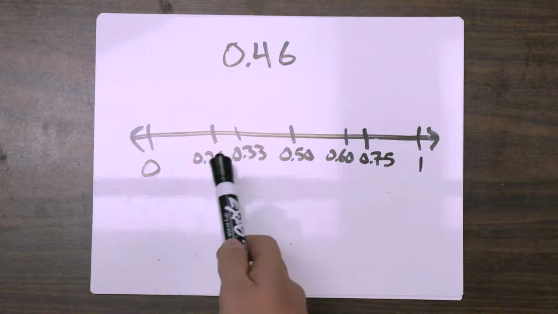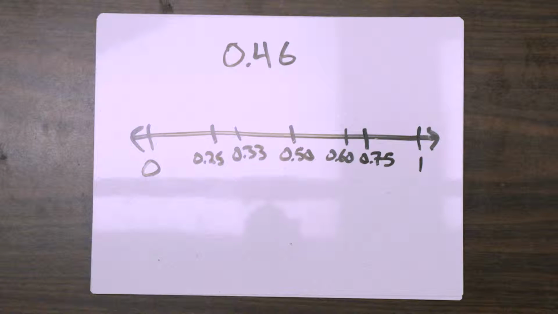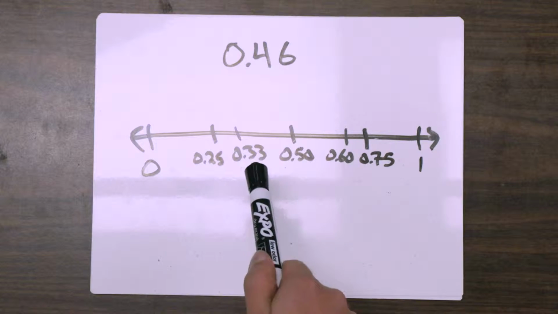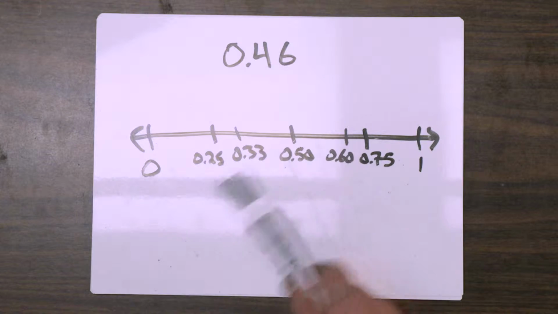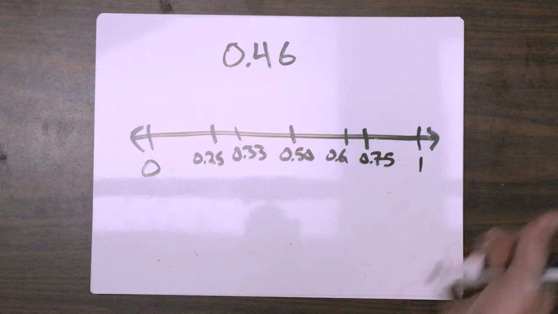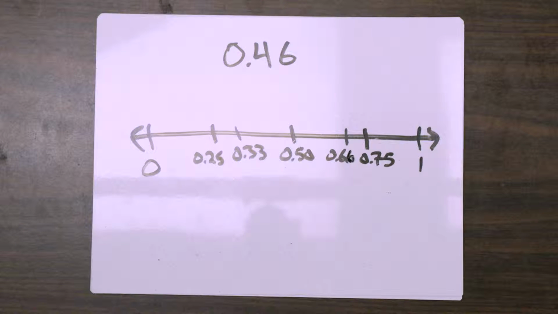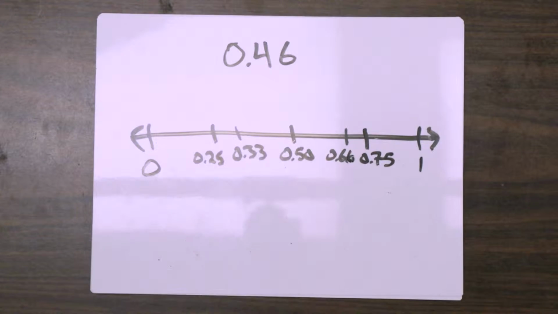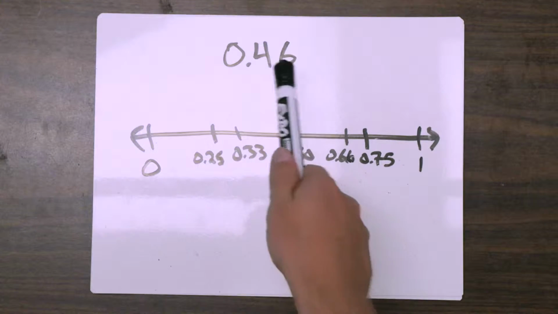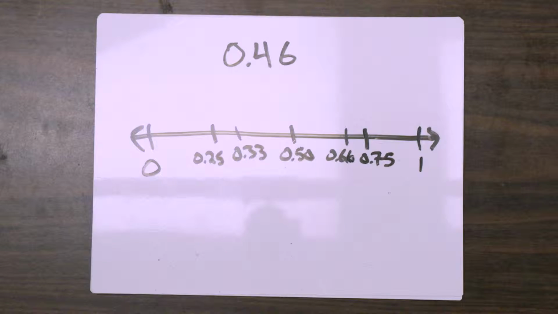We also call these benchmark decimals, because these are the ones that we're going to see on a regular basis. 0.25, 0.33, 0.50, 0.66, that's supposed to be a 6, 0.66, and 0.75. These are our benchmark decimals. And I want to figure out the value. I'm having trouble really conceptualizing what the value of 0.46 is.